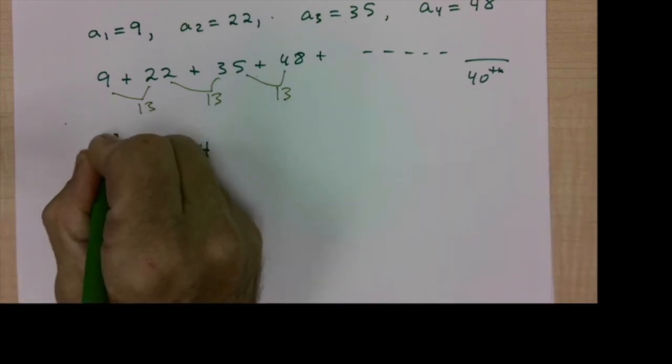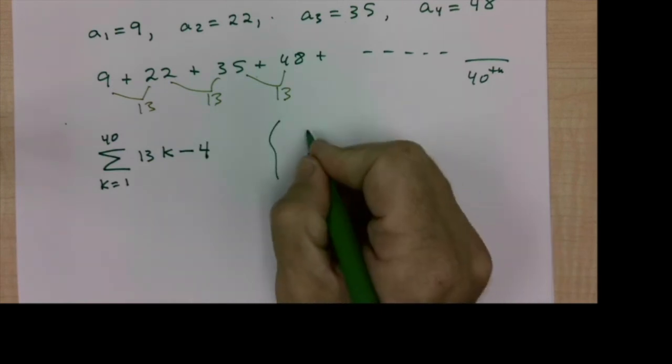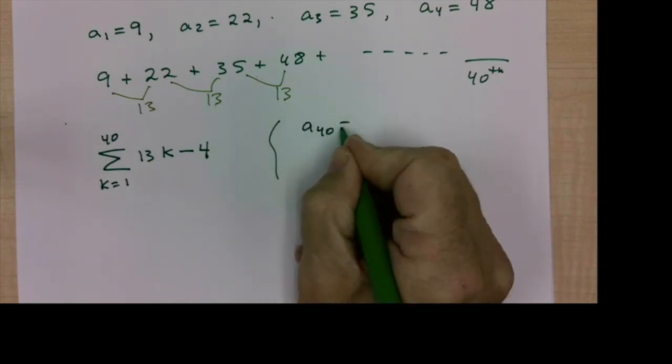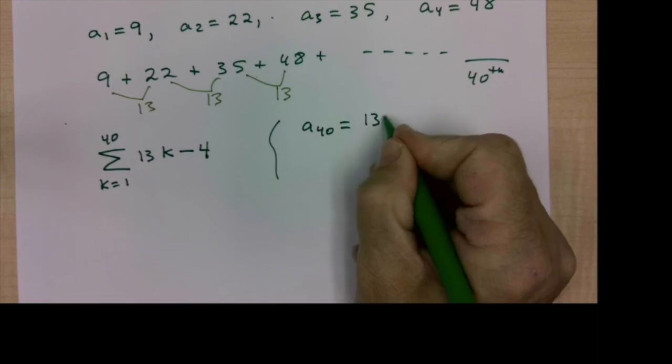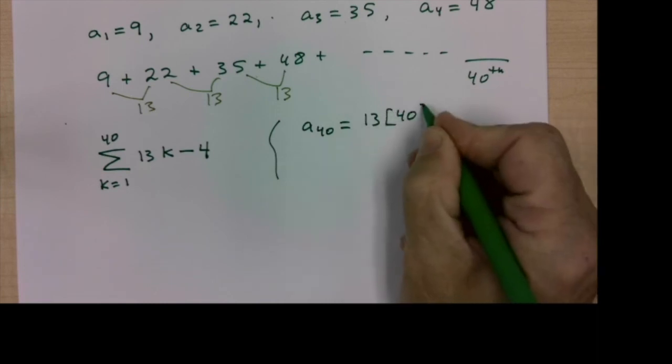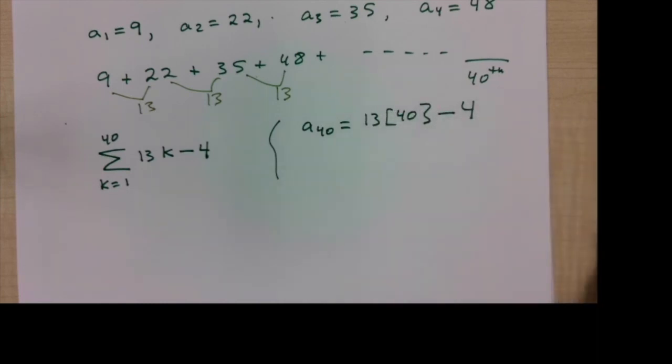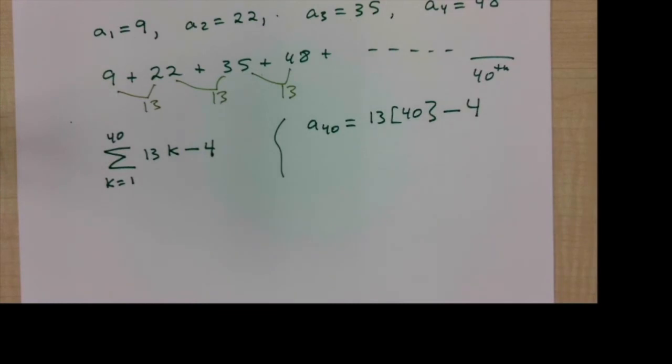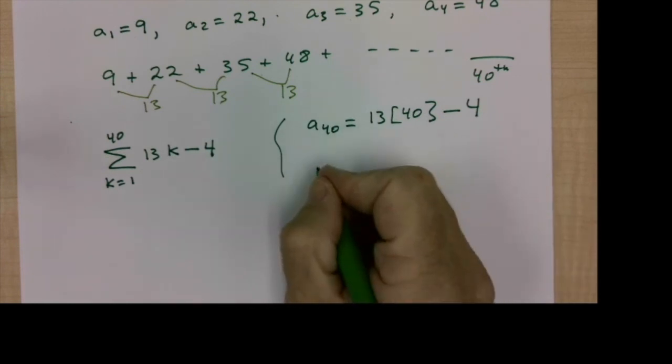And I'm going to my 40th term. If I go to my 40th term, what is a sub 40? A sub 40 will be 13 times 40 minus 4, which gives me 516.